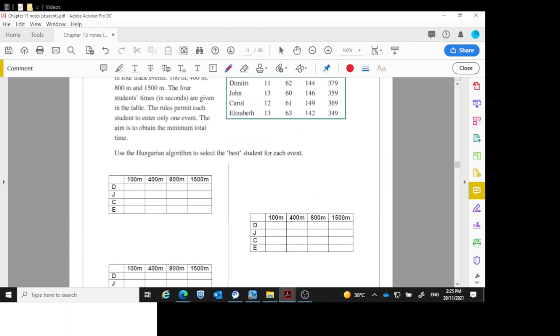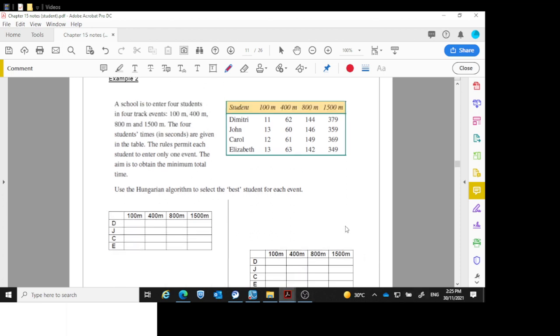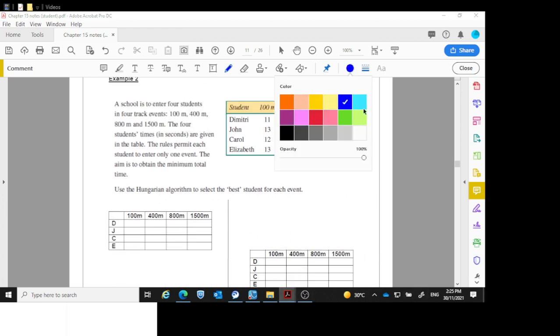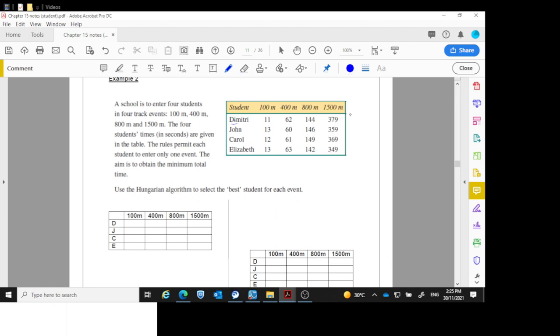Example 2. It's easy to make a mistake here, so you've got to be careful. Again, straight away, we're going to take away from each row the smallest number: 11 for Dimitri, 13, 12, and 13.